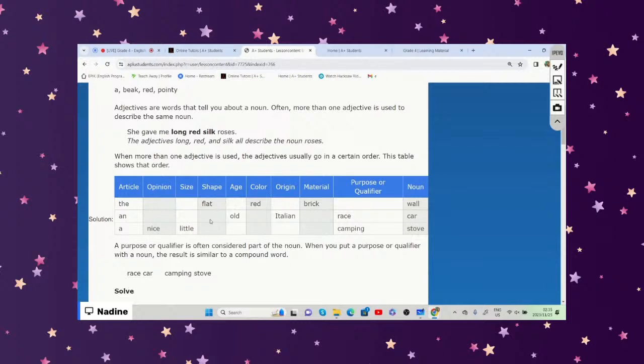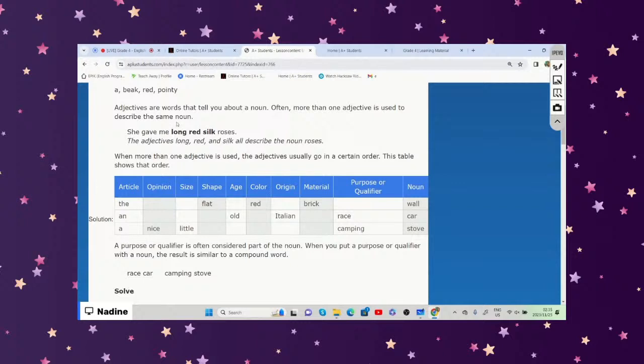You understand? Instead of just using one word to say you have a beautiful dress, you can maybe say you have a beautiful red dress, or you have a beautiful red silky dress. So it's basically telling us more than one adjective that describes that same noun.